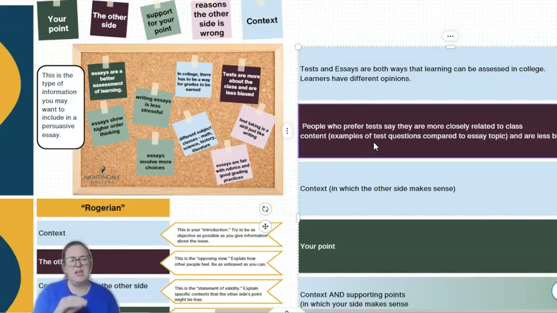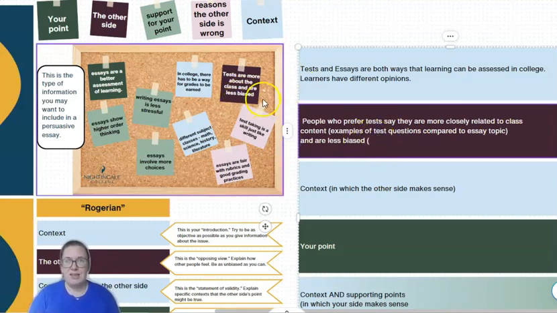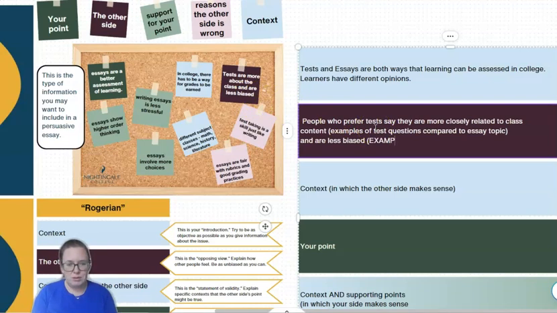Like, I want to say that tests are more specific and essays are more broad, and that's what people like about them. And some people feel they are less biased. Like, you are either right or you're wrong. And so I'll give examples of true, false, multiple choice. Okay, so this is the other side.